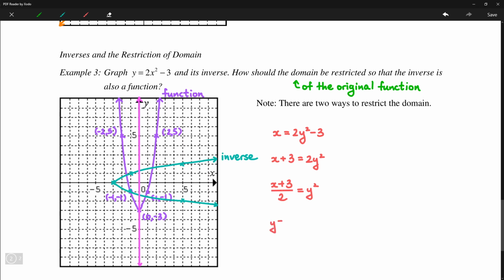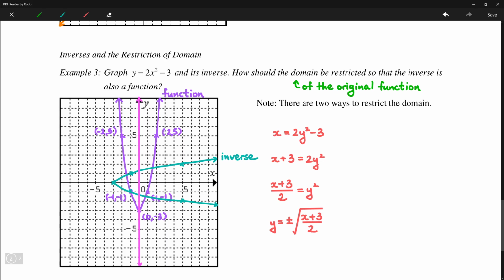It's very important that we be very clear about the words and the vocabulary here. All right, so y equals positive or negative the square root of (x plus 3) over 2 will be the entirety of the inverse graph that we have on the left, both the top half and the bottom half.